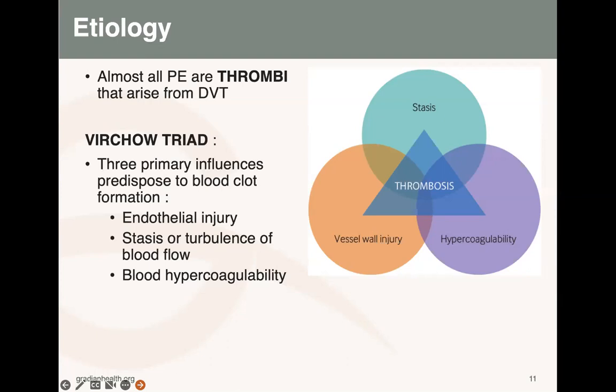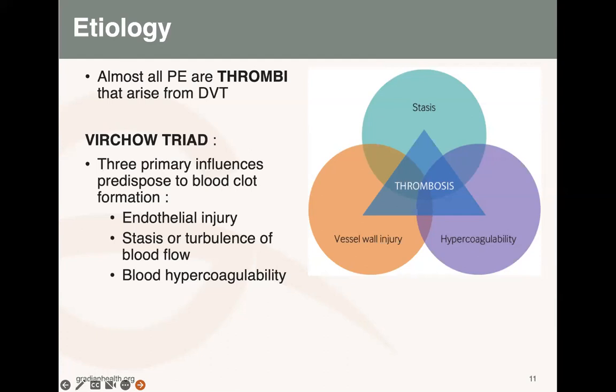But when the muscles are not working, or they're not being used, or maybe the vein valves are not working, stasis can occur and it can cause a blood clot.